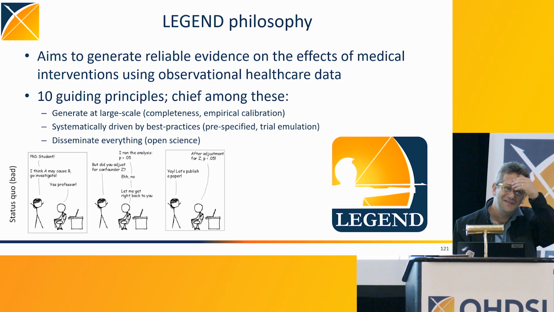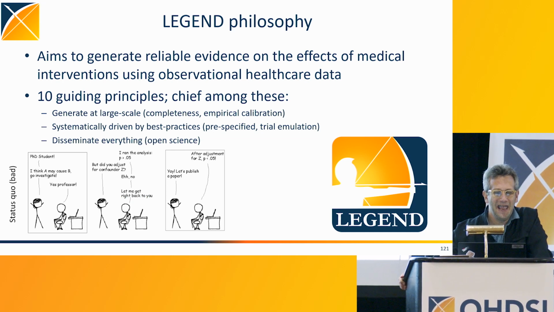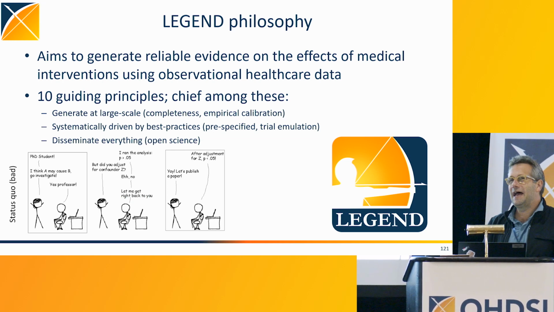Out of these 10, there are really 3 ideas that I think might be a little more universal. Chief amongst these is the idea that one should not be looking at a single treatment, comparator, outcome by itself, oblivious to what's going on in the rest of healthcare and the community.